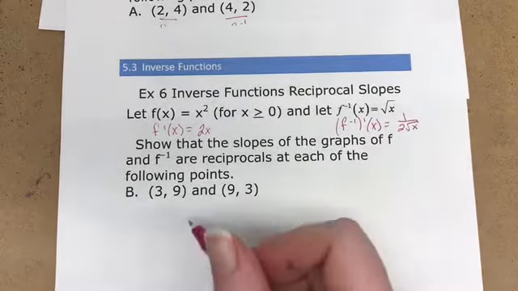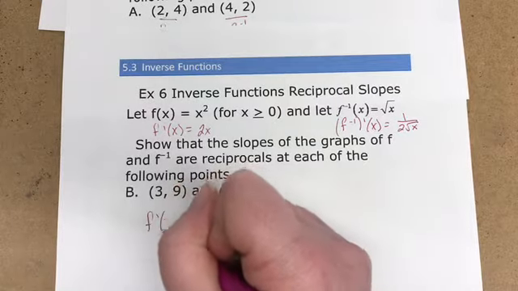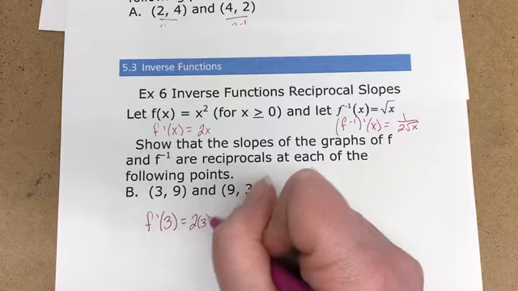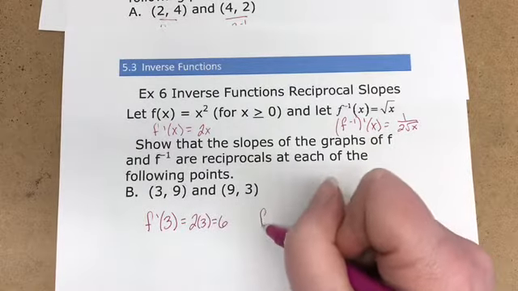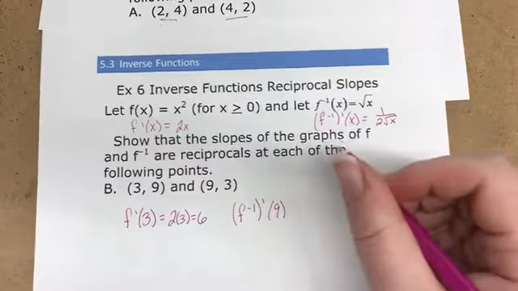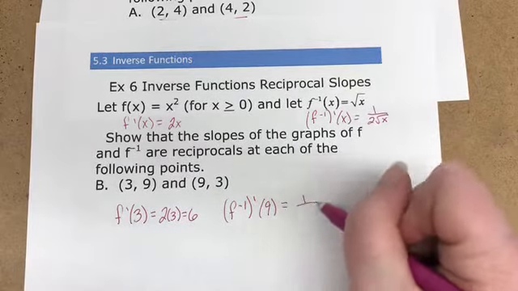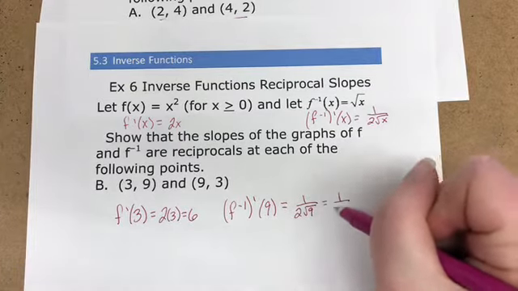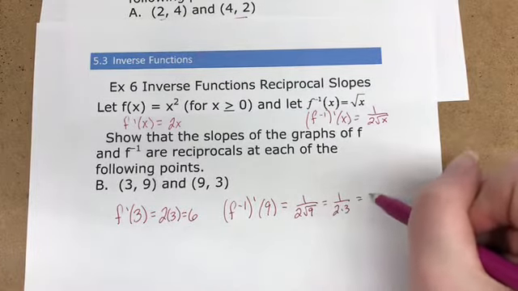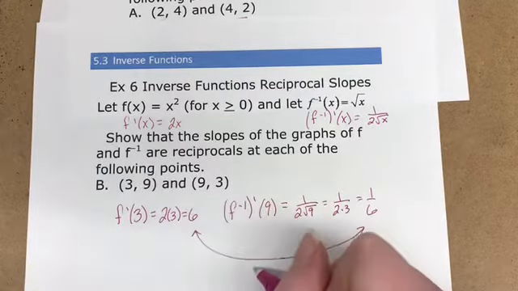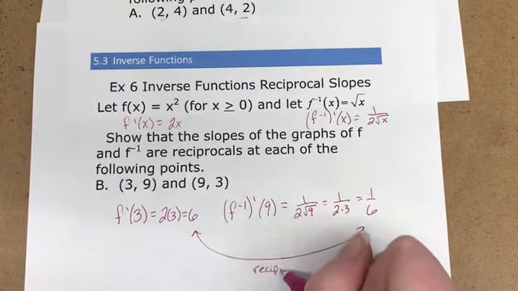So if I plug in 3 into f prime, I get 2 times 3, which is 6. And if I plug in 9 into f inverse prime, I get 1 over 2 times the square root of 9. So that would be 1 over 2 times 3, which would be 1 over 6. And these are reciprocals of each other.